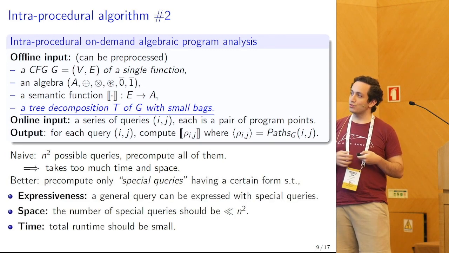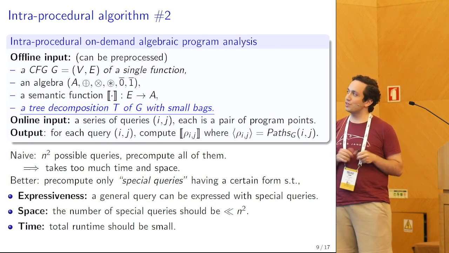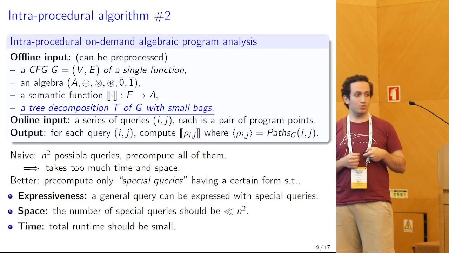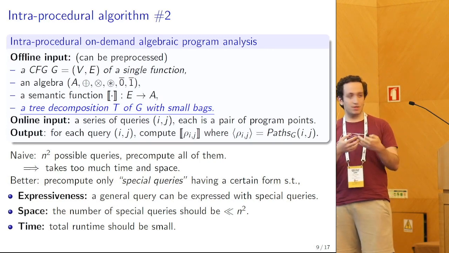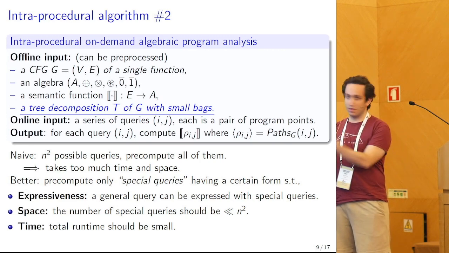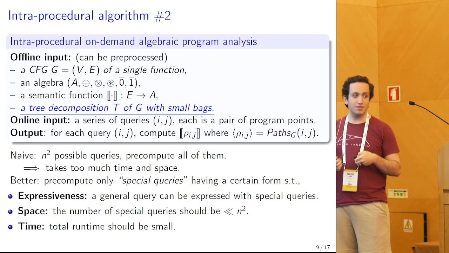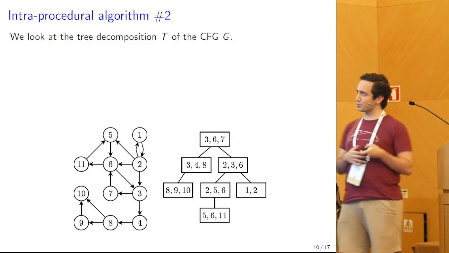Our approach is to only pre-compute special queries that have a certain nice form, such that when we get an online query, we can express it in terms of a combination of the special queries that we already pre-computed. We want the number of special queries to be significantly less than quadratic. Otherwise, it doesn't differ from the naive approach. And of course, we want the total runtime to pre-compute all of the special queries to be small.